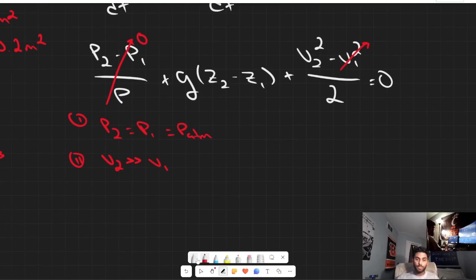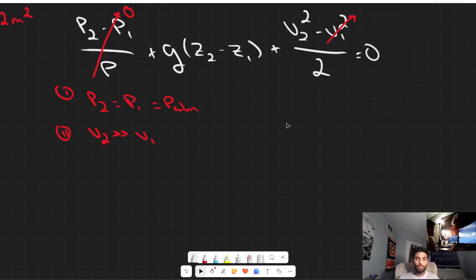So making those assumptions, we get Z2 is going to be 0. Z1 we defined as H, and this is the height of whatever tank that we're talking about.